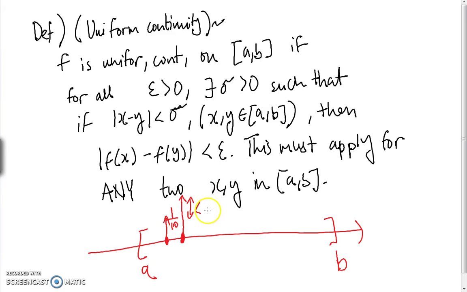Let's say epsilon in this case is 0.001. And it's not just for a certain point or around a certain point, it's literally any 2 points in this interval. So we can choose any 2 points in this interval as long as they are closer than 1/10 apart, and their images are guaranteed to be closer than 0.001 apart.